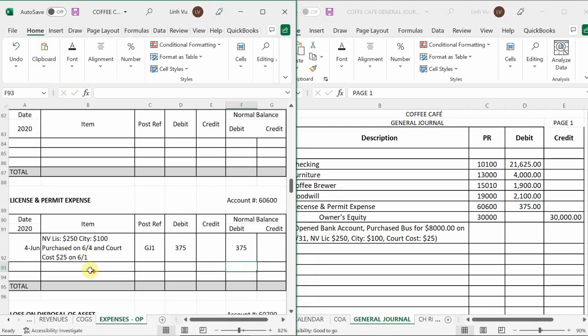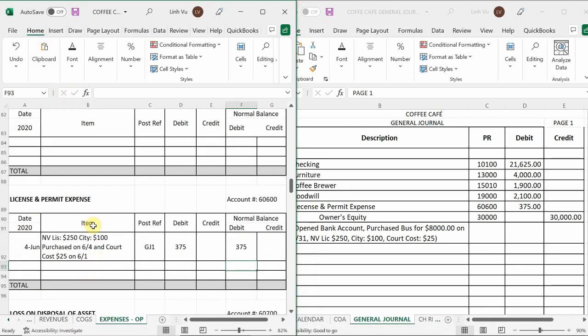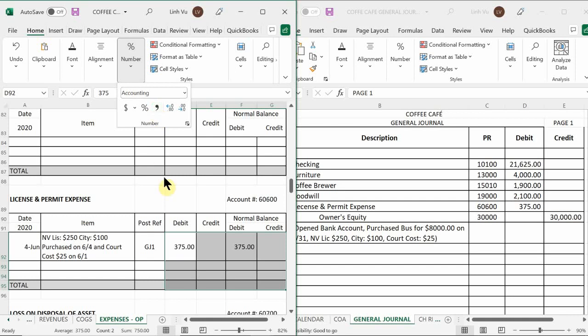And here, once again, I listed out all of those values to let me know that my license cost me $250, my city cost me $100, and the court cost me $25 to give me a justification of why my total is $375. Right? Everybody good with me so far?